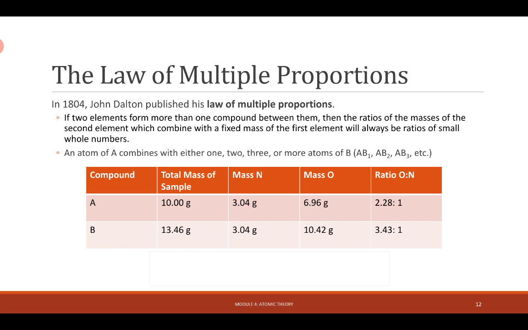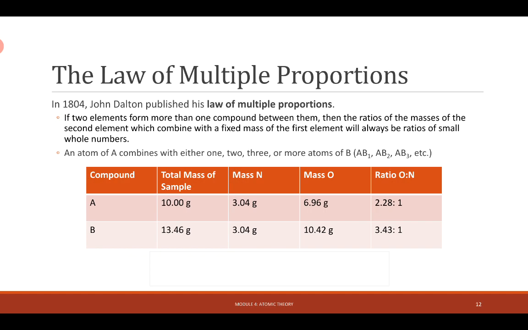All right. So the law of multiple proportions, which John Dalton had actually published a few years prior to publishing his atomic theory, says that if two elements form more than one compound between them, then the ratios of the masses of the second element, which combine with a fixed mass of the first element, will always be ratios of small whole numbers.